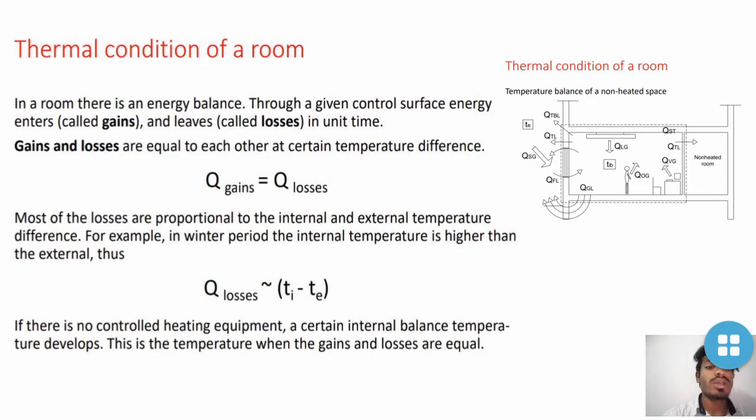Thermal condition of a room. In a room, there is an energy balance through a given control surface. When energy enters, it is called gains, and when it leaves, it is called losses, in unit time.